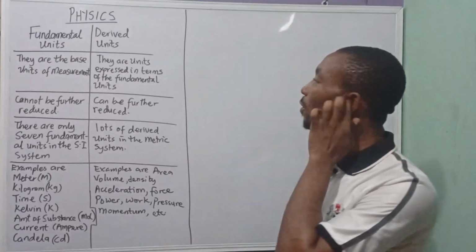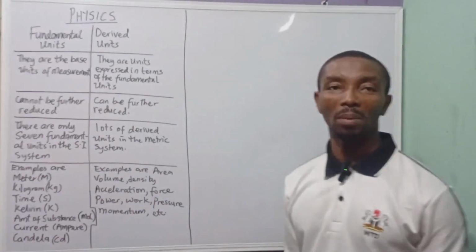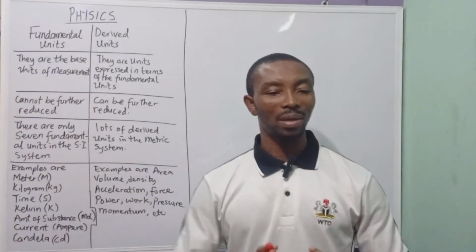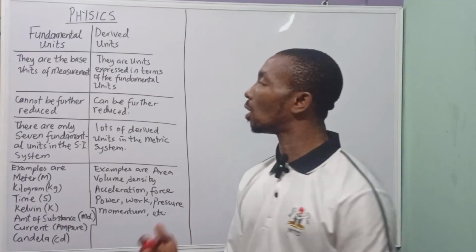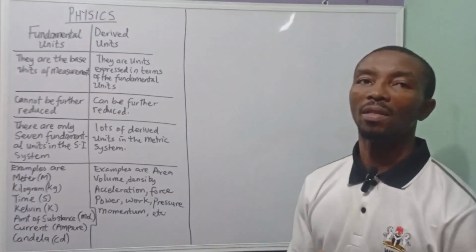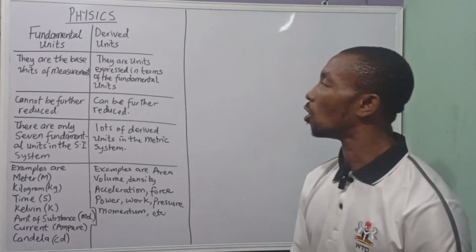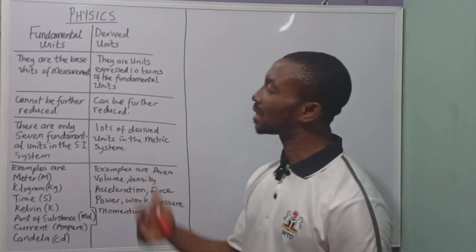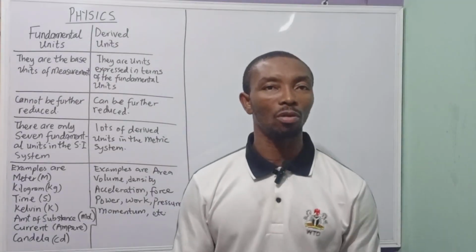Our fundamental units are the base units of measurements. One or more of our fundamental units are always seen in every form of measurement we get. Fundamental units cannot be further reduced or broken down.